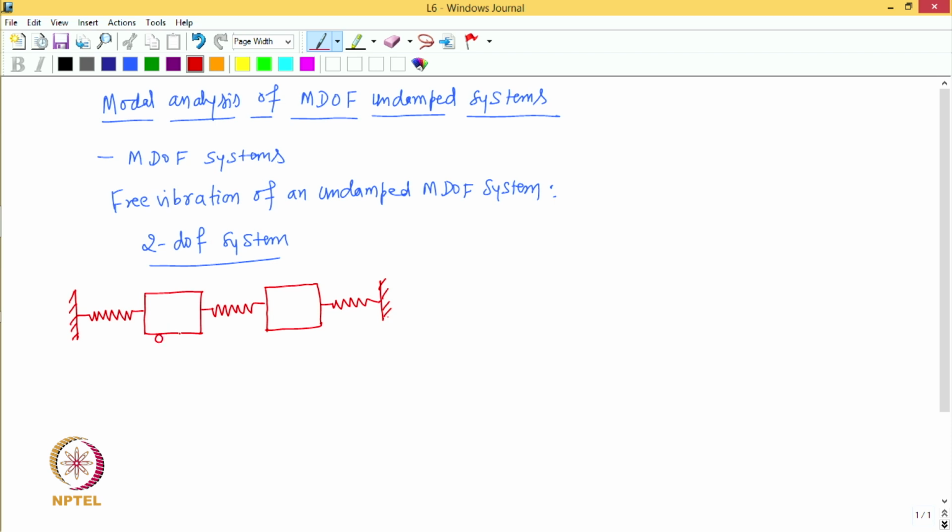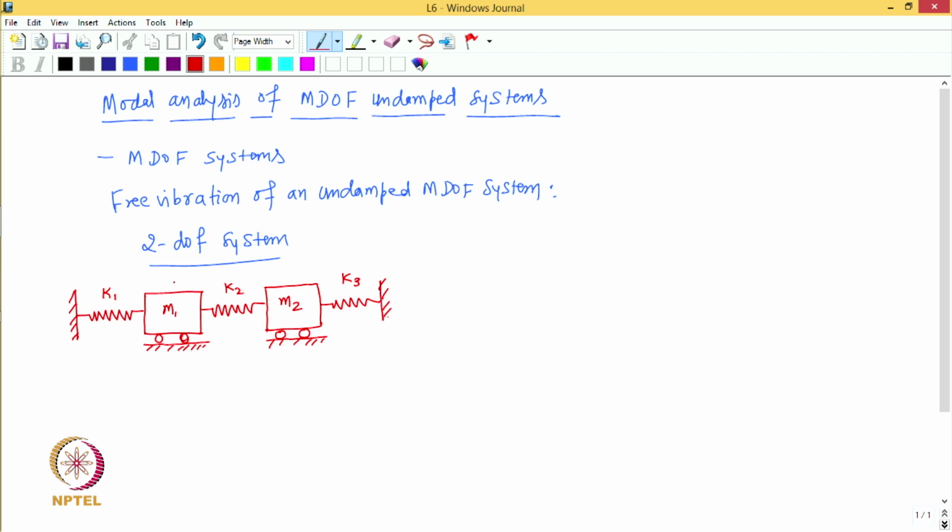And let us say these masses can move freely, meaning they can have motion in the axial direction like this. Let us say this is stiffness K1, this is stiffness K2, this is stiffness K3, mass M1 and mass M2.